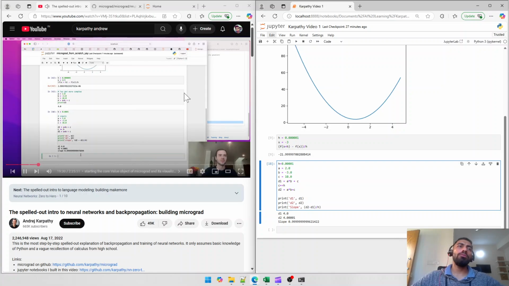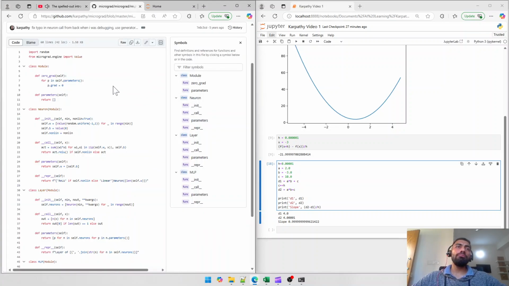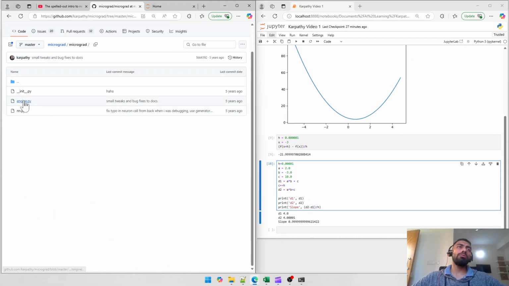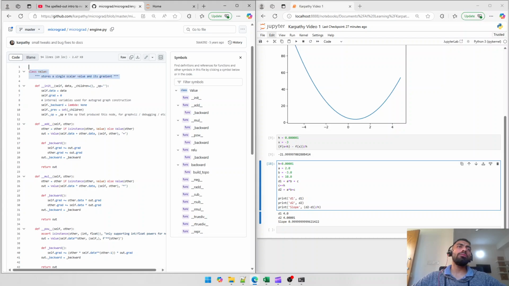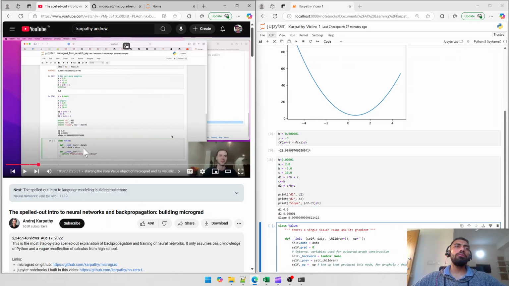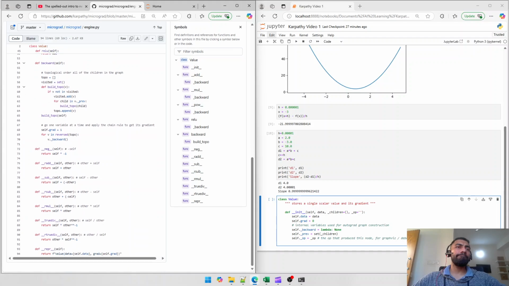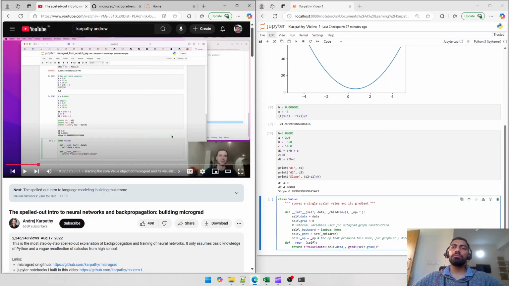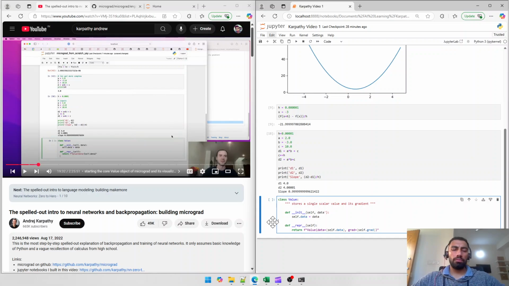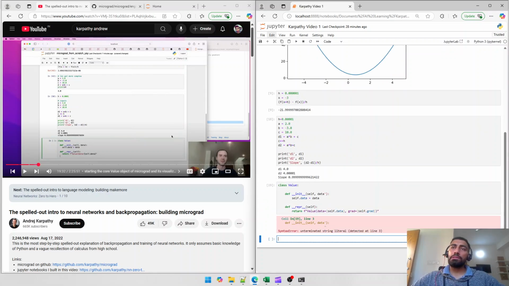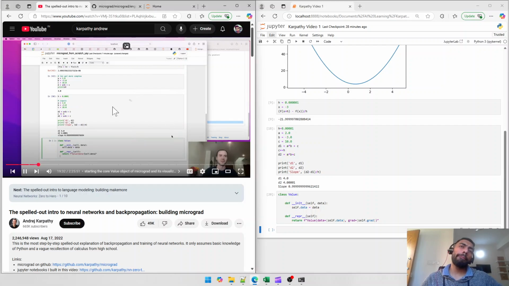So let me copy paste a skeleton of the first very simple value object.